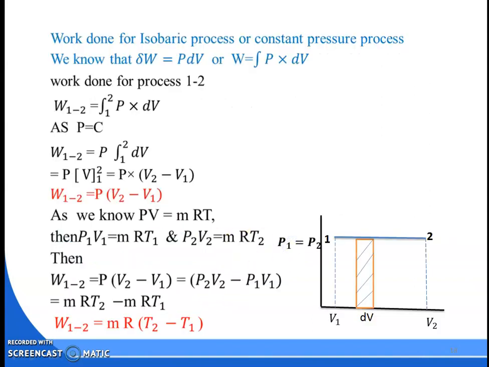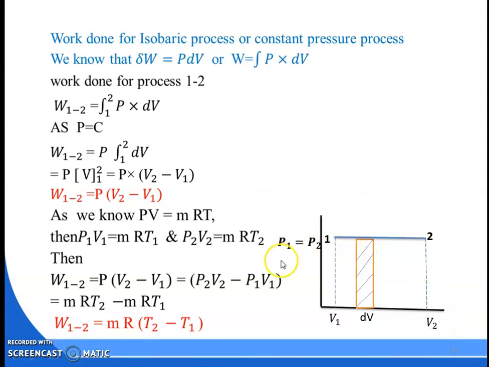Okay. First we will discuss work done for the isobaric process, or constant pressure process. We know that del W is equal to PdV, or W is equal to integration of PdV. So if we calculate work done for process 1 to 2, at state 1 the volume is V1, and at state 2 the volume is V2.